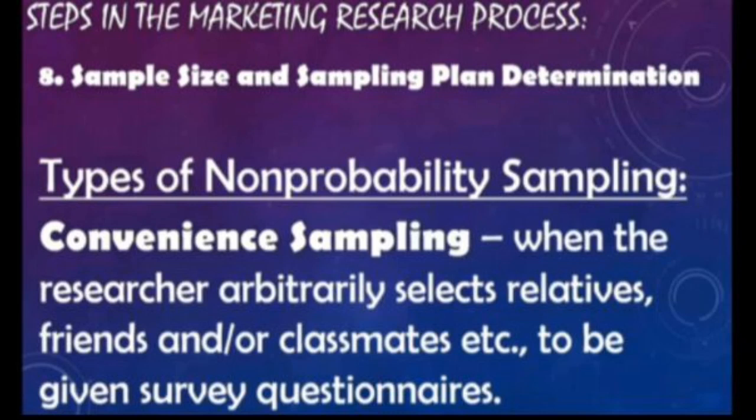So, you are going to choose samples that can be easily recruited and are convenient to you. It is the most common non-probability sampling method because it is easy. You do not spend much, and you just depend on who is available for the sample of your research.